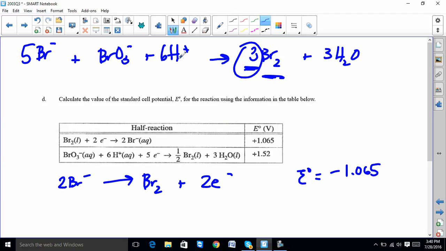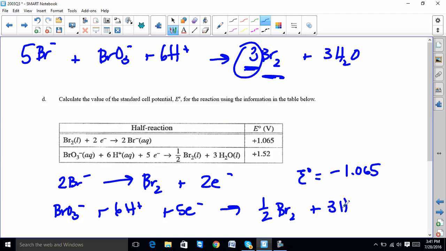Now the H needs to be on the right, and it is on the right, and so we have BrO3 minus plus 6H plus 5 electrons goes to 1/2 Br2 plus 3H2O, and E naught is 1.52 volts. Sorry, I forgot volts here.